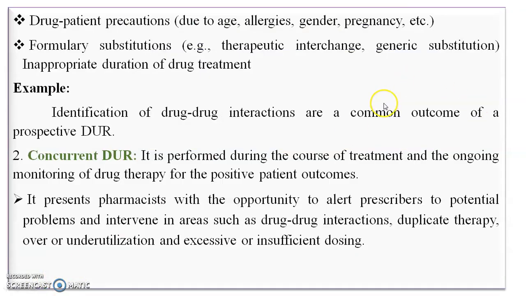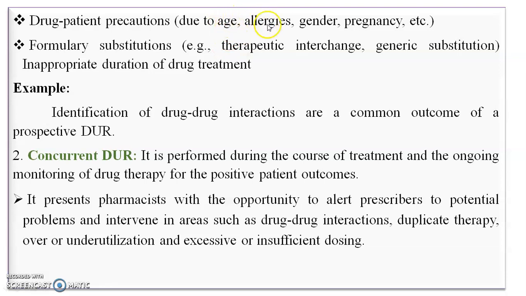Even drug-patient precautions also can be identified. For example, particularly in terms of allergies, gender, pregnancy, and age, any particular precautions have to be taken, that has to be seen. For example, in terms of age, if the patient is of pediatric age, dosage adjustment has to be done here.